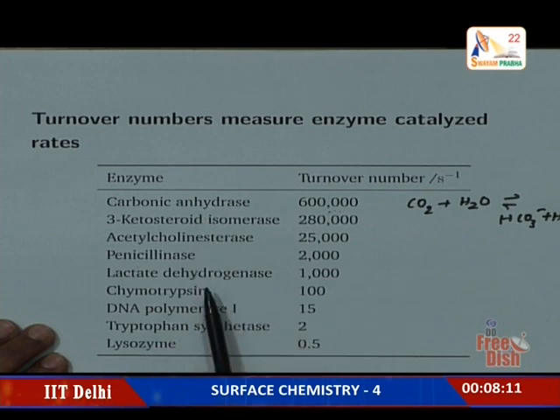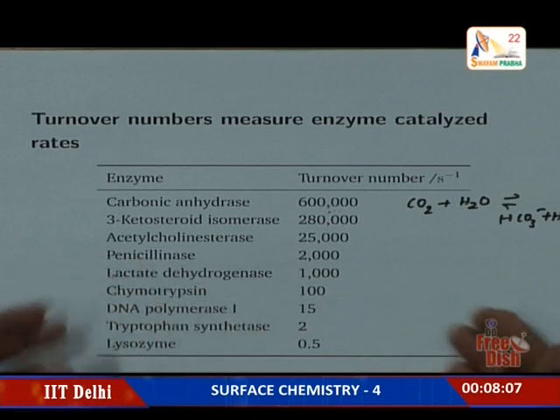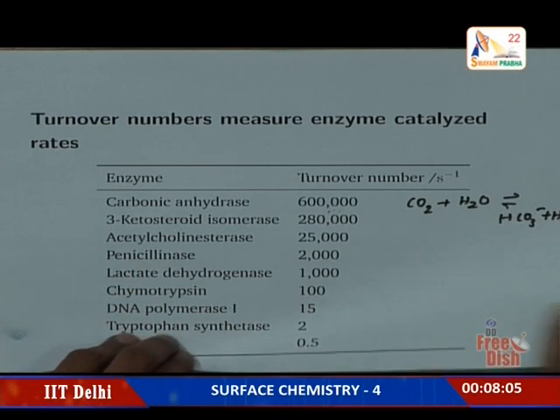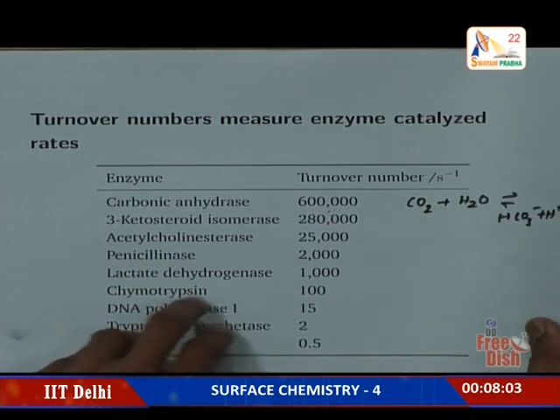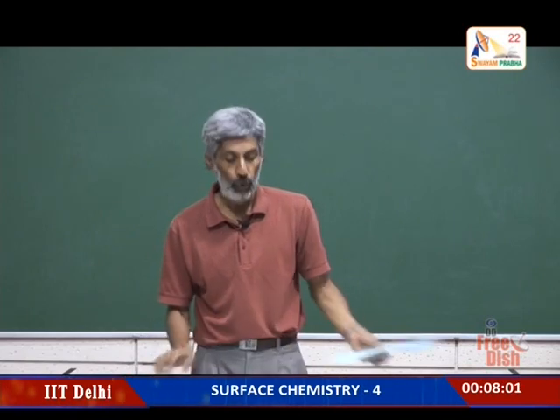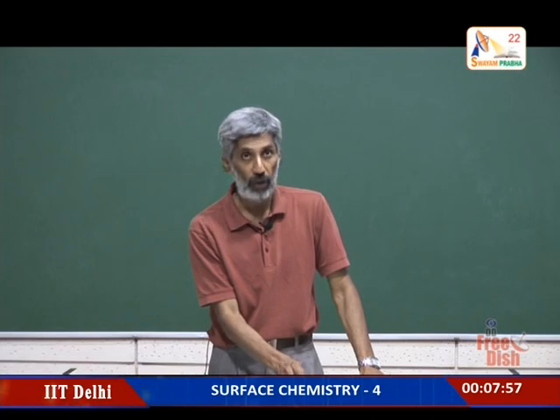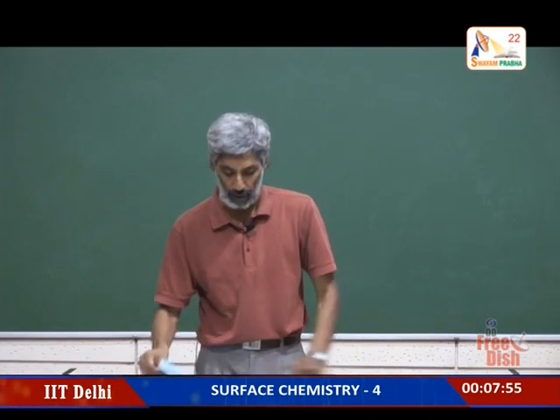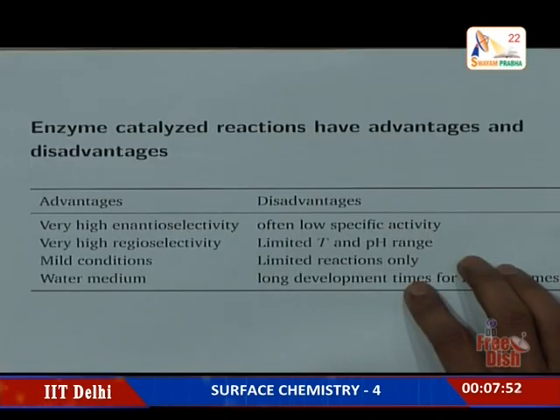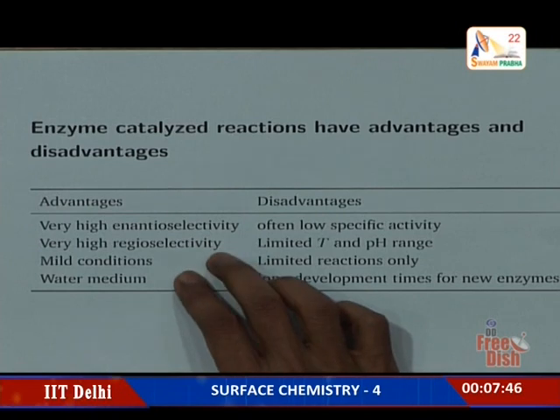So all of these enzymes are present in the body, and they have various levels of activity. Of late, there is also use of enzymes for industrial production of compounds, and there are advantages and disadvantages for enzyme catalyzed reactions, and they are listed here.